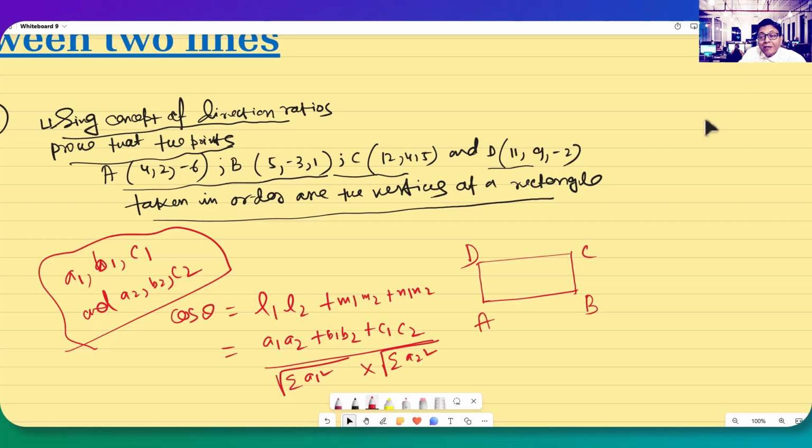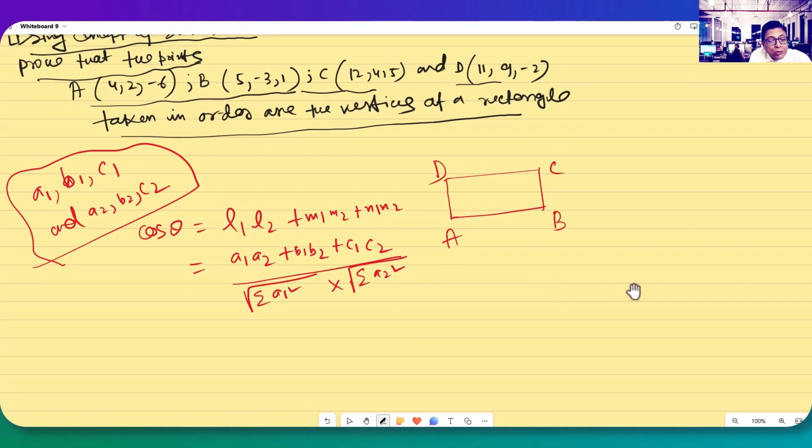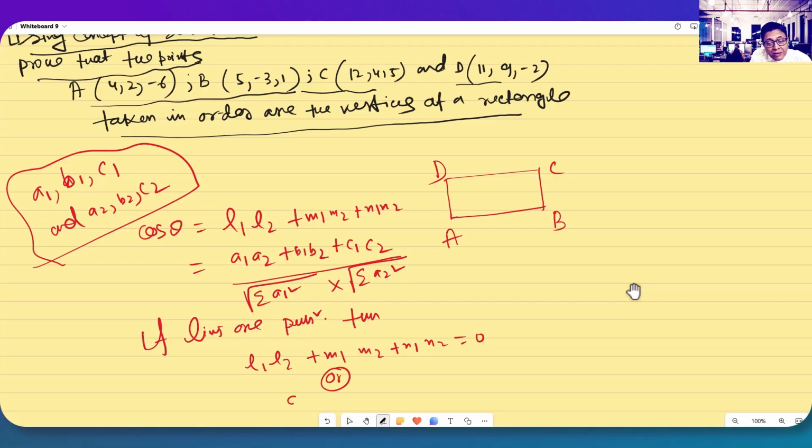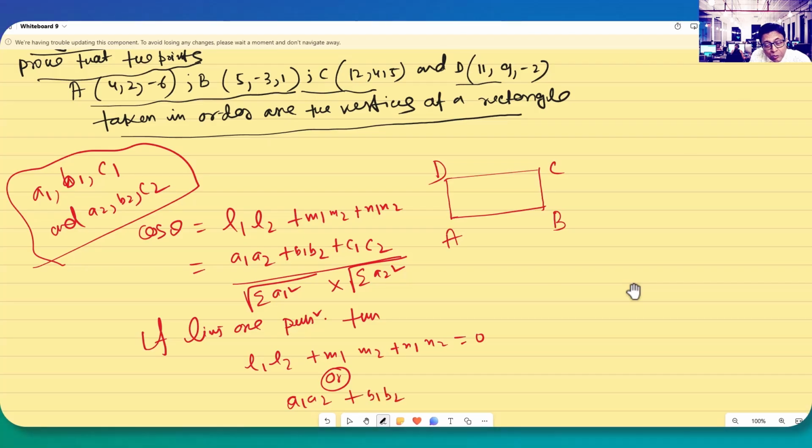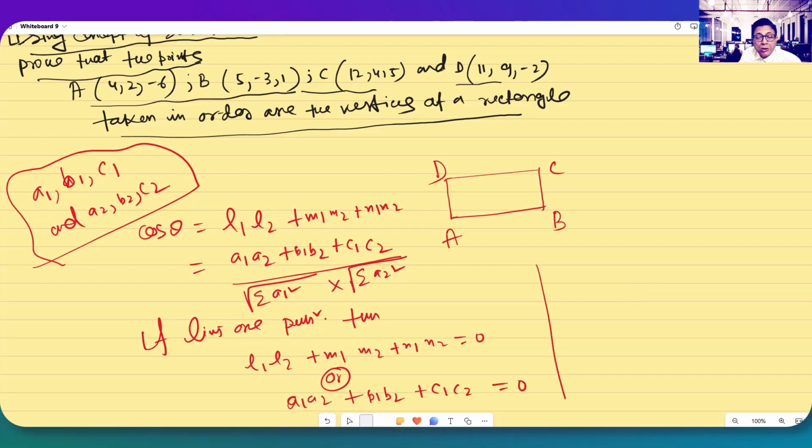And lines are perpendicular if the cosine of the angle between them is equal to 0. If lines are perpendicular, then l1 l2 plus m1 m2 plus n1 n2 is 0, or you can state that a1 a2 plus b1 b2 plus c1 c2 is 0.